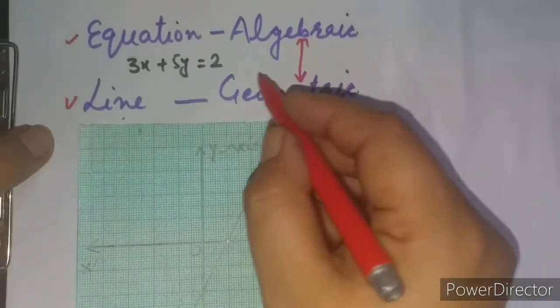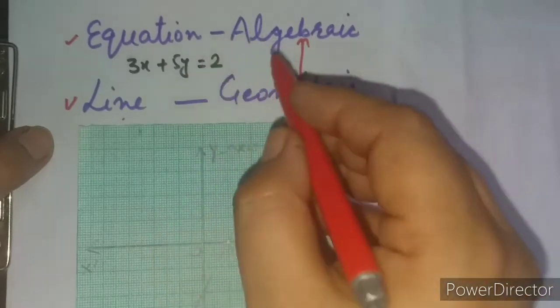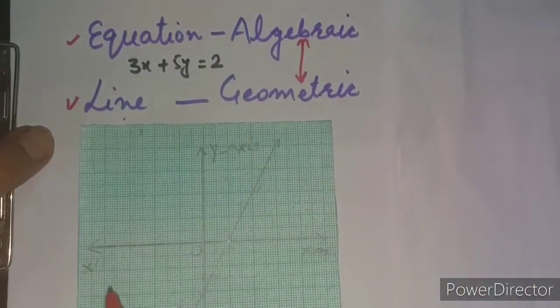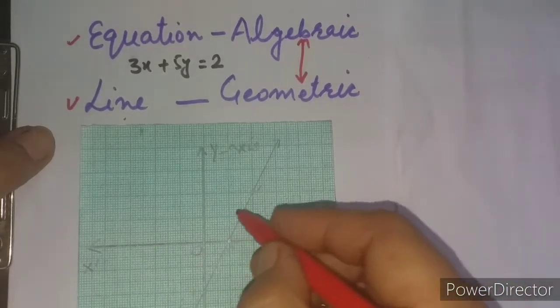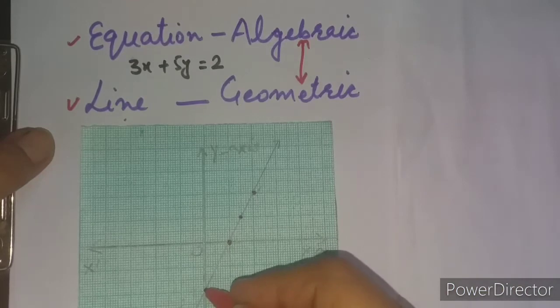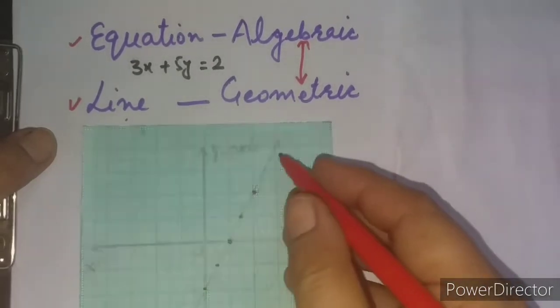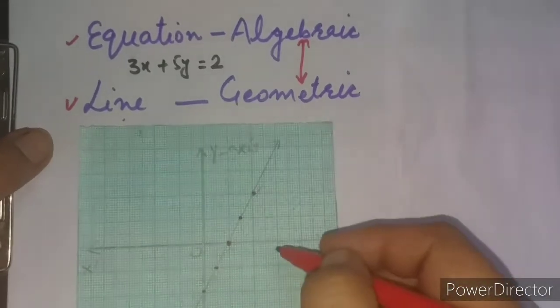You would make a box which contains the values of x and y. That set of values of x and y you will plot on the x-axis, y-axis. And after joining all those points, suppose the first point is this, second point is this, third, fourth point is this, after joining all these points, you will definitely get a straight line only.